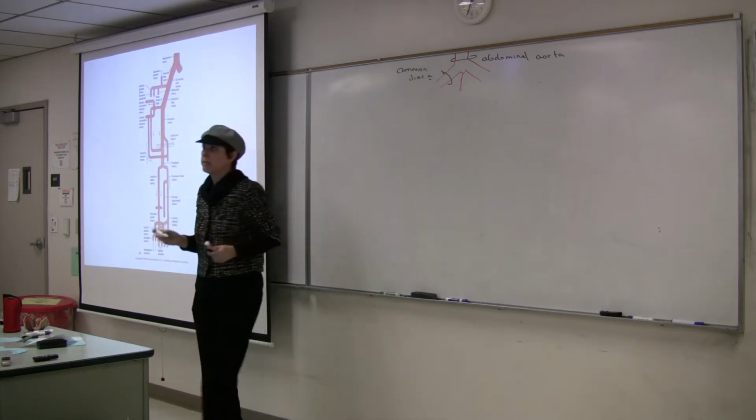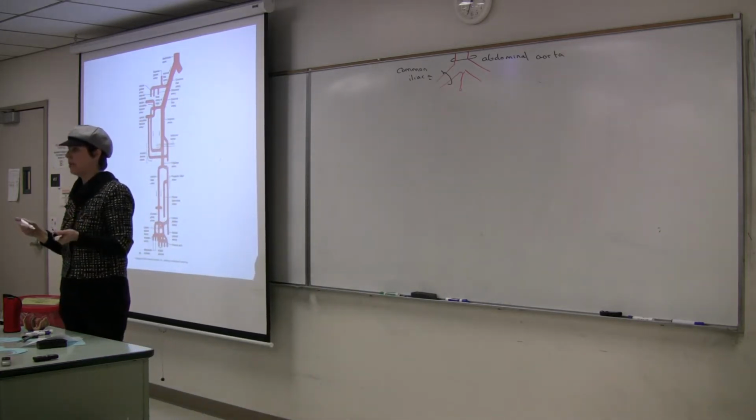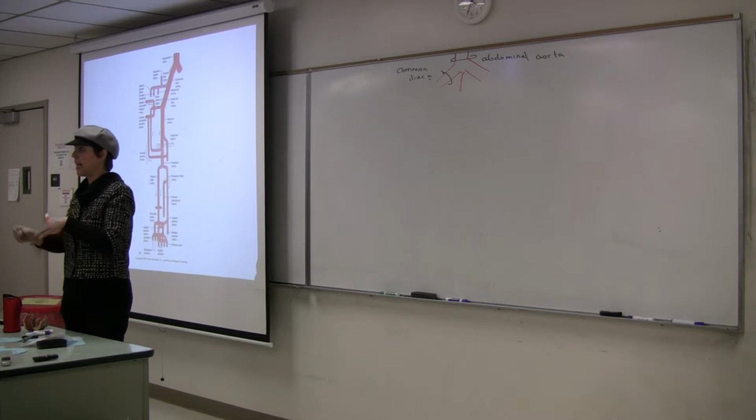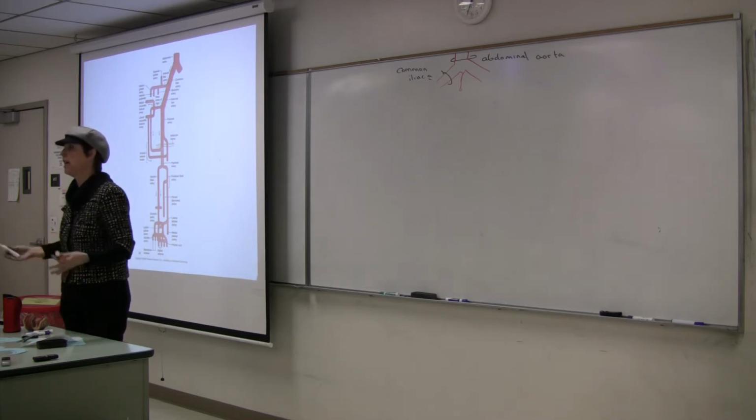Remember on Tuesday when we talked about the common carotid, it ended by forming external and internal carotids. And so the same with our common iliac. It will end by forming internal iliac, and the internal iliac supplies oxygenated blood to the pelvic organs. So we're talking bladder, uterus, seminal vesicle, prostate gland, vagina, middle and lower rectum. All of those are supplied by branches of the internal iliac artery.